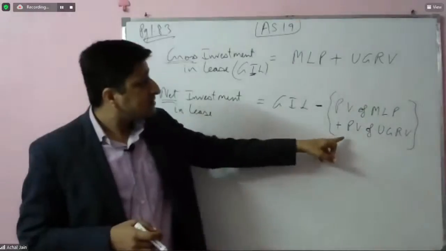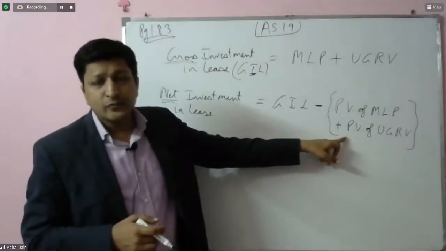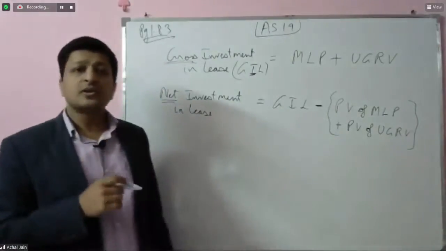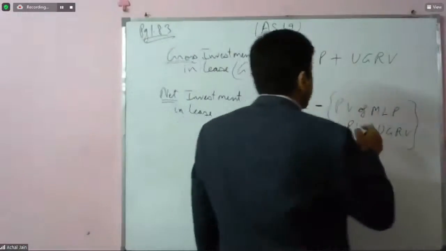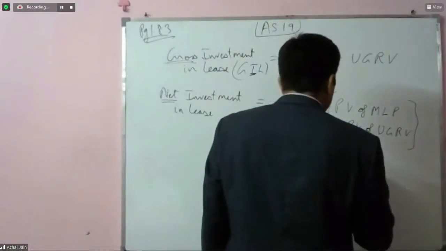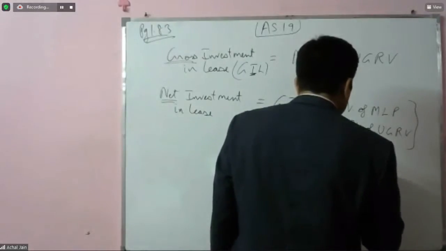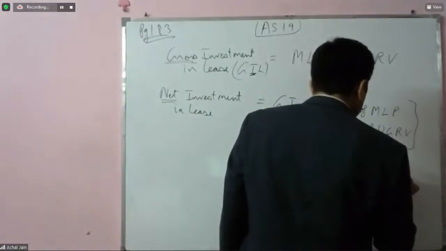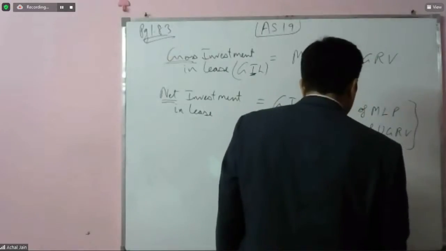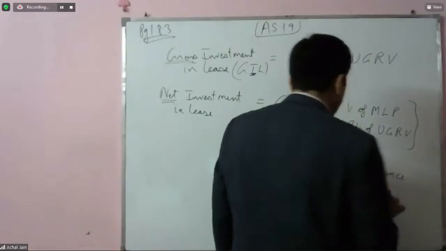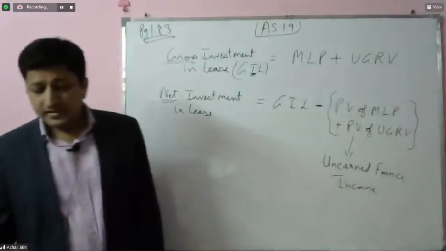We get the present values of both the amounts, and the difference is also termed as unearned finance income.